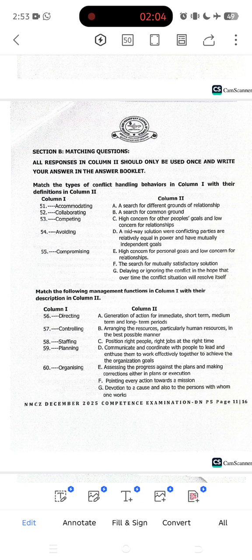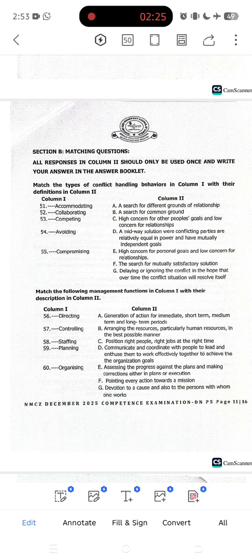F, the search for mutually satisfactory solution. G, delaying or ignoring the conflict in the hope that over time the conflict situation will resolve. So now that's when you go forward to start searching for the answer.